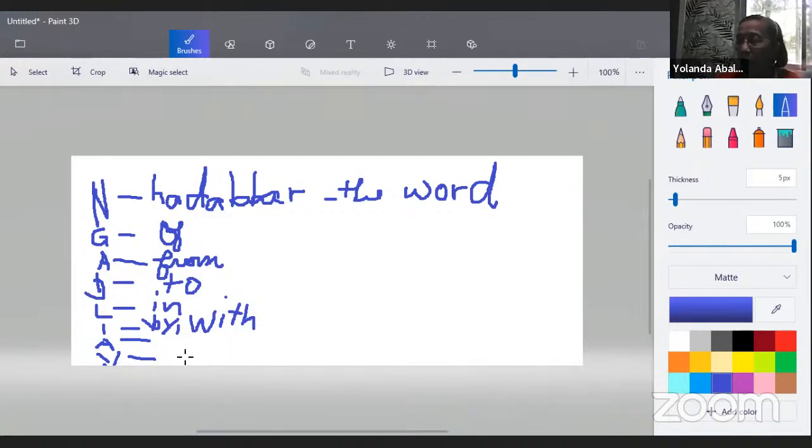And then we have vocative. Then we have vocative such as to address.